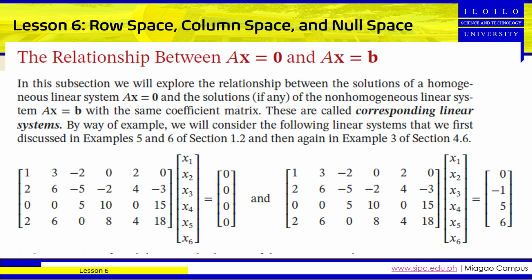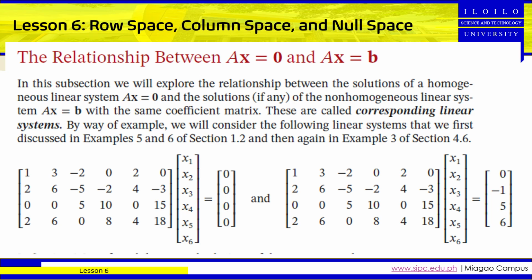So the relationship of Ax = 0 and Ax = b, we will explore between the solutions of the homogeneous linear system, wherein Ax = 0, and the solutions of the non-homogeneous linear system, Ax = b, with the same coefficient matrix.